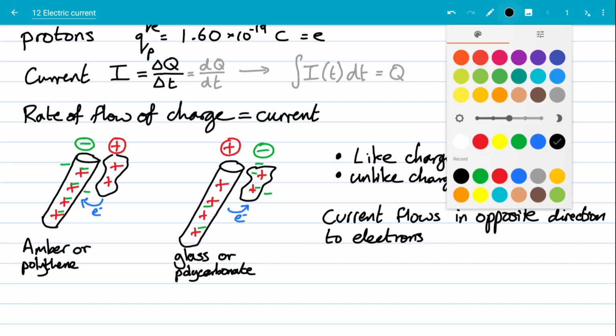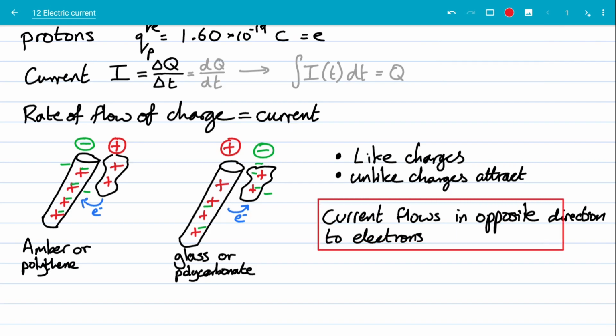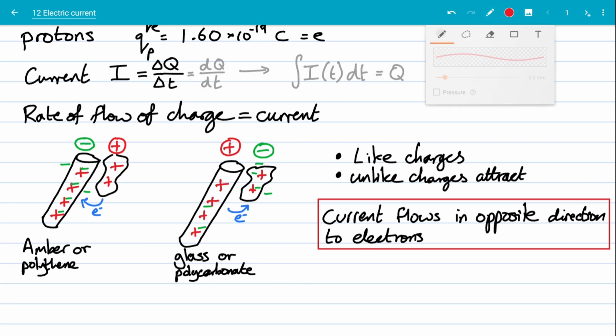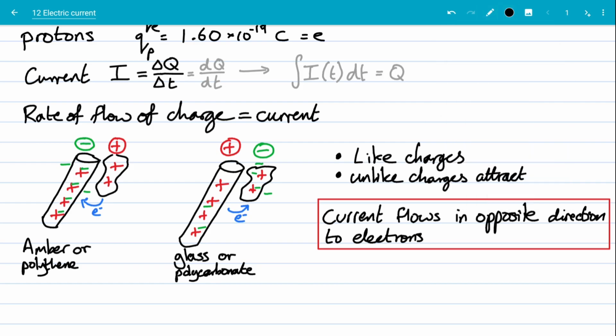And after this lesson, all the way through the rest of the electricity topic, I'm not going to bring that up again. That's just going to be understood that whenever I talk about current, I'm talking about something, electrical quantity, charge, Q, flowing in the opposite direction to the electrons flow.